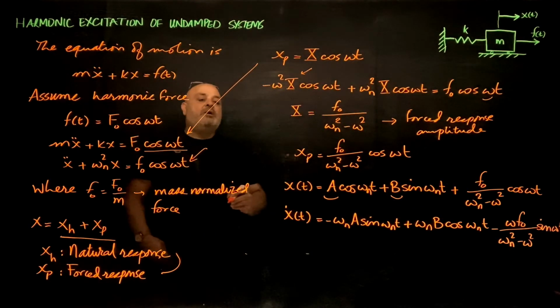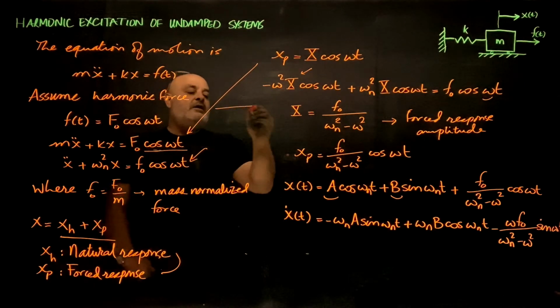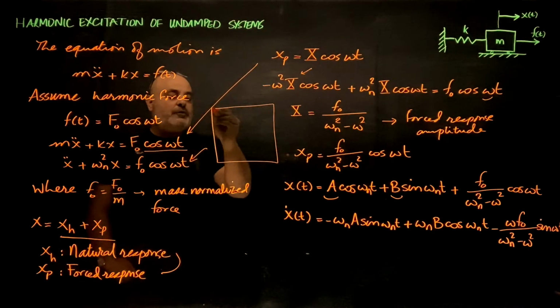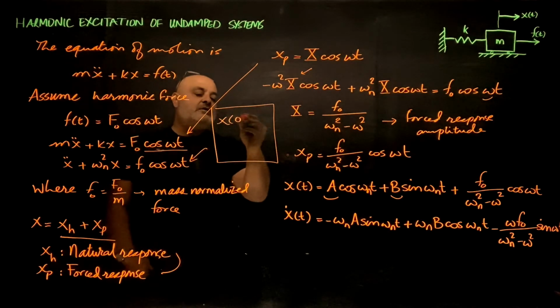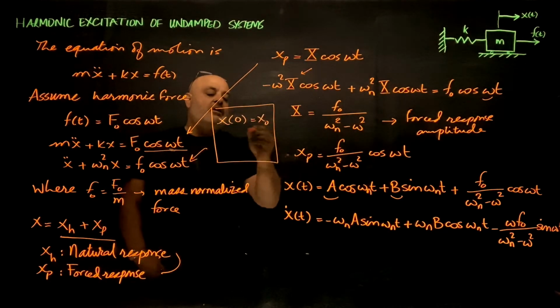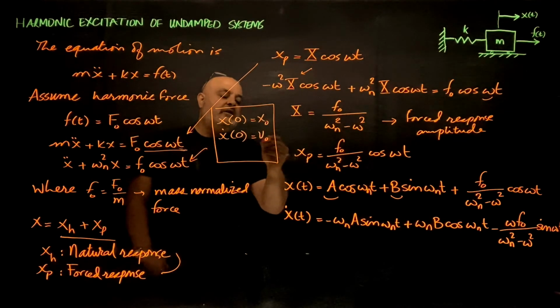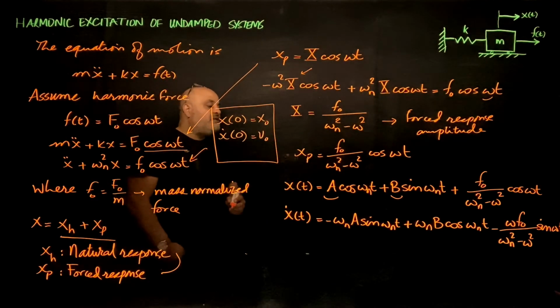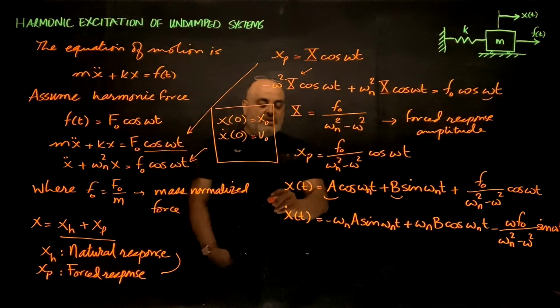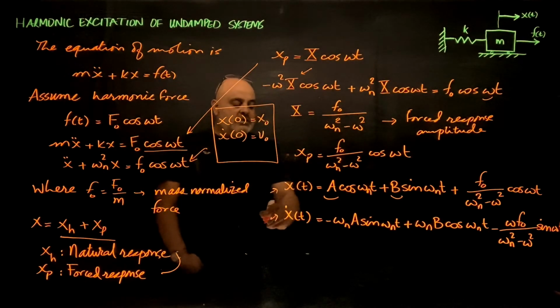Now I will use my initial conditions I used before. x at 0 is x0 and x dot at 0 is v0. Substitute into these two equations.